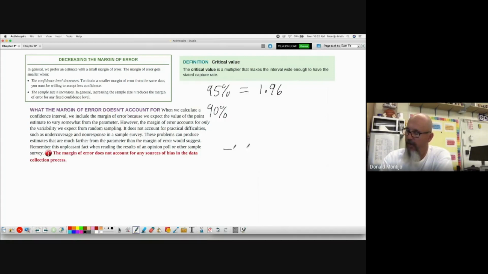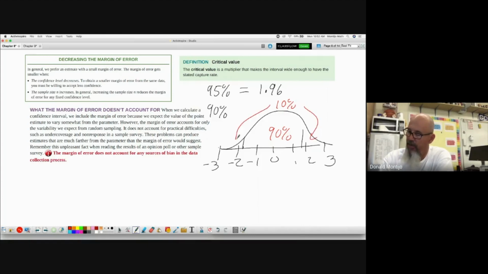If we think about our favorite curve once again, 0, 1, 2, 3, -1, -2, -3, I want 90% of the data in here. That means that 10% of the data must be shared equally among these tails. So each area here must equal 5%.